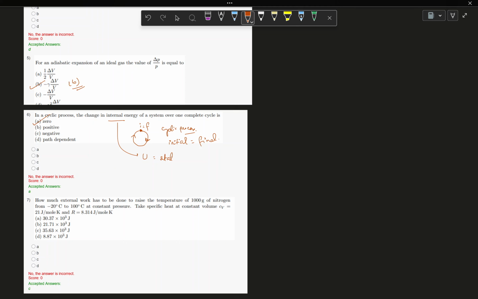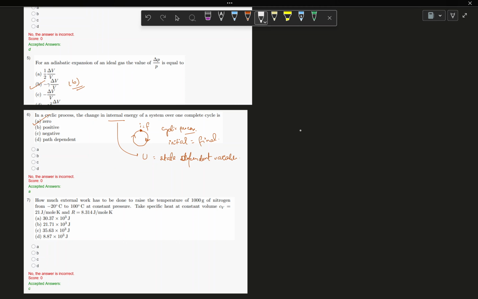Like temperature, U is a temperature dependent quantity. Work done and heat energy are not state dependent but path dependent quantities, but U is a state dependent variable. That means it depends on the state the system is at that moment, right?